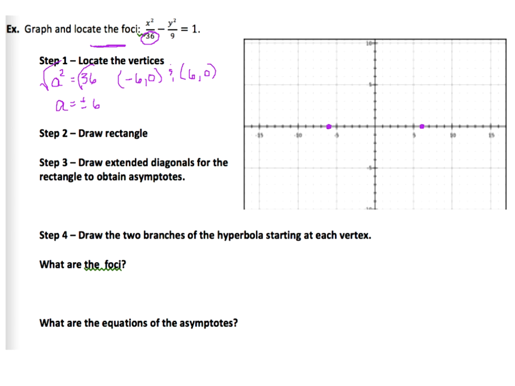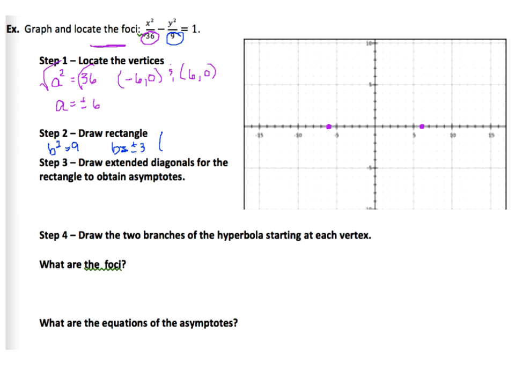Now I'm ready to draw my rectangle, but to draw my rectangle, I need to know where my B values lie as well. Let me change colors. My B squared is 9. Since B squared is 9, take the square root of both sides, B is equal to positive negative 3. These are in the vertical direction.